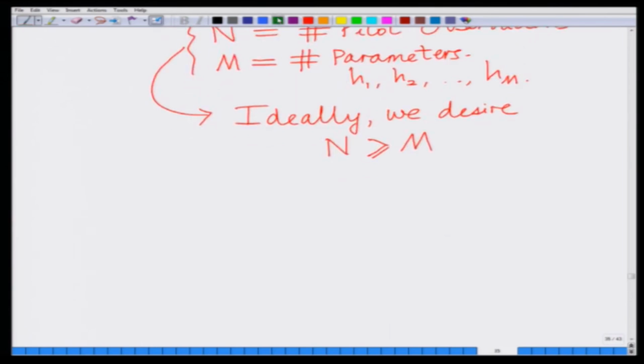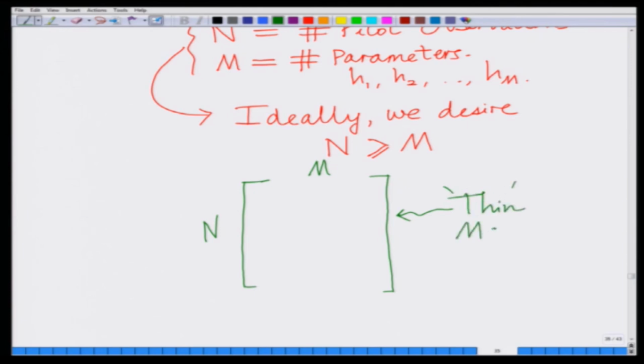When n is greater than or equal to m, our matrix x is n cross m, and this matrix is colloquially known as a thin matrix, which means the number of rows is much larger than the number of columns.